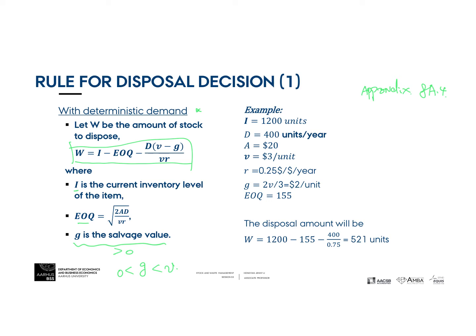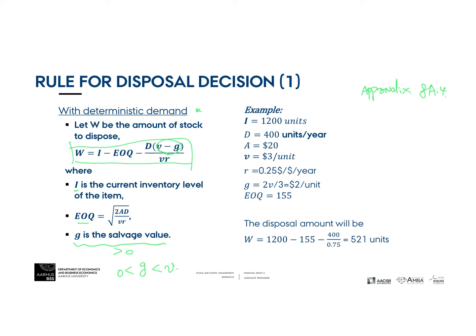So if you salvage, V minus G, you can see this value means you give away this item with a loss of V minus G. And then the ratio between V minus G and VR, the holding cost, determines how many items you should hold. We do not require you to be able to derive this formula, but it would be nice if you can use this formula or understand it.